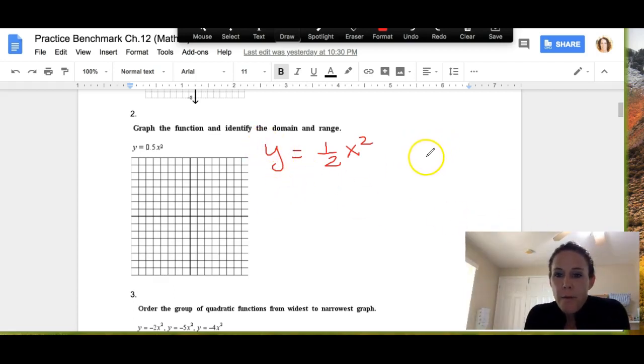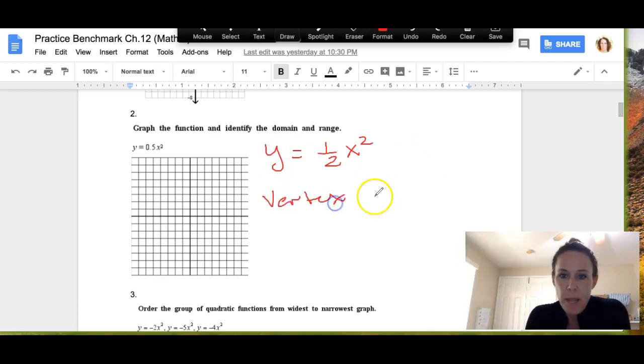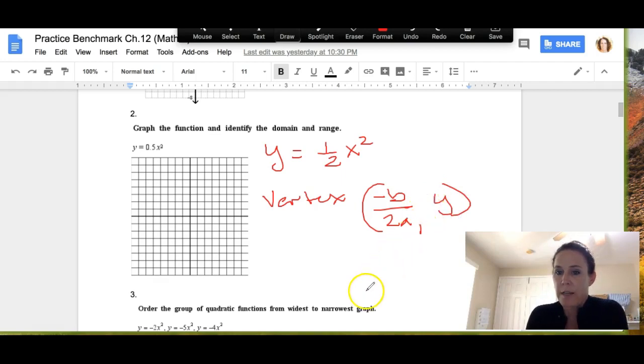But when we graph, we want to use the vertex as -b/(2a) for our x point, and then we plug that in to get our y point for the vertex. Then we can figure out the axis of symmetry, and we can plug in other points to figure out how we're going to graph it.